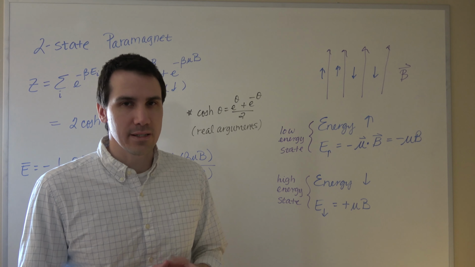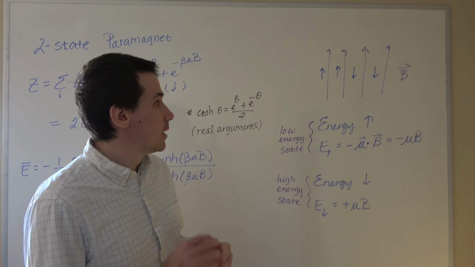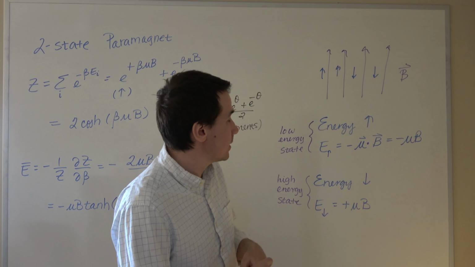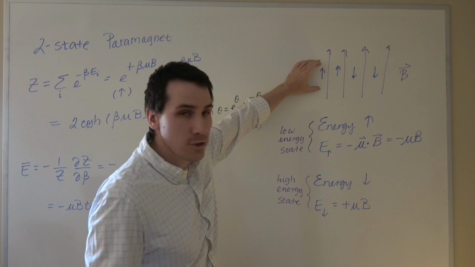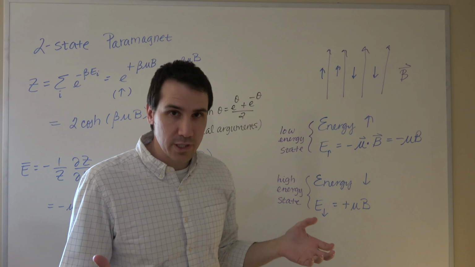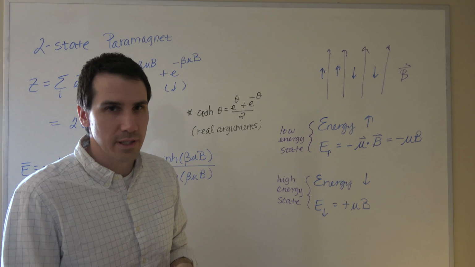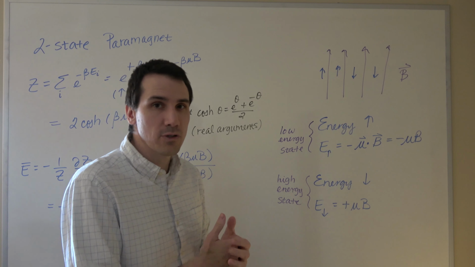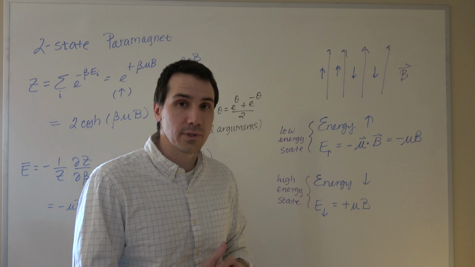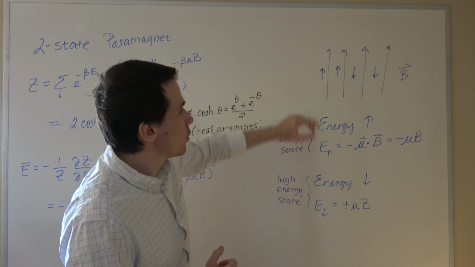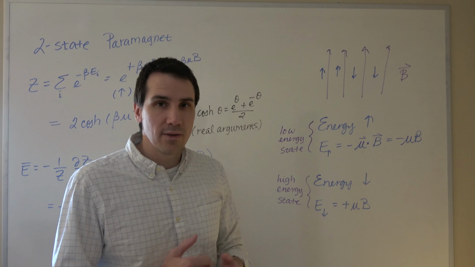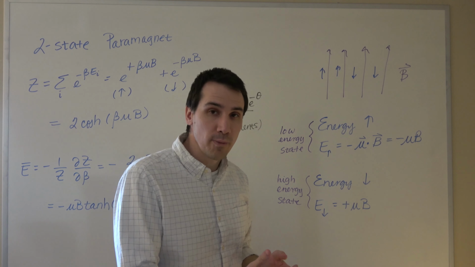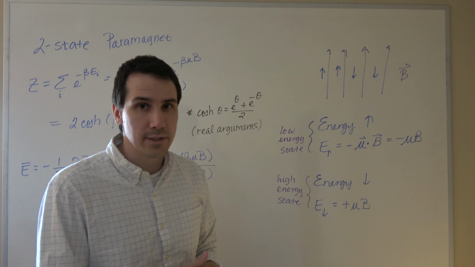Now let's consider the system of a two-state paramagnet. A two-state paramagnet has electrons, or some atom with spin, but we'll just call them all electrons here. Imagine that we have some electrons which can align or anti-align with an external magnetic field. These blue arrows represent the direction of the magnetic moment of the electrons.